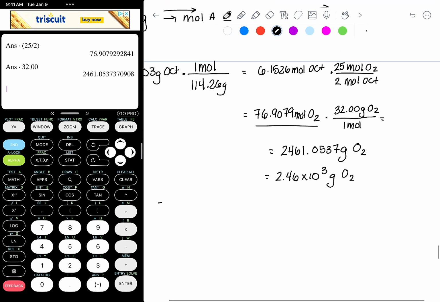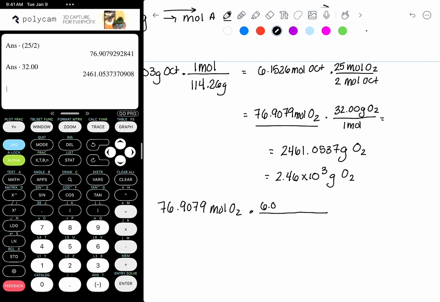So we take 76.9079 moles of O2, and we are going to multiply it by Avogadro's number, because Avogadro's number is 6.022 times 10 to the 23rd molecules in 1 mole. So that would allow us to cancel out our units of moles and be left with units of molecules.